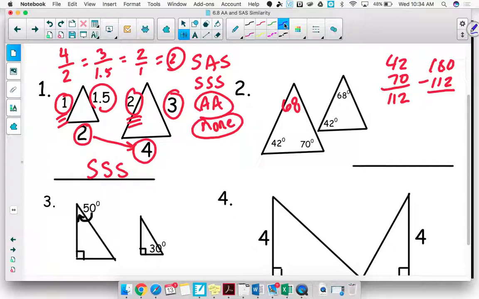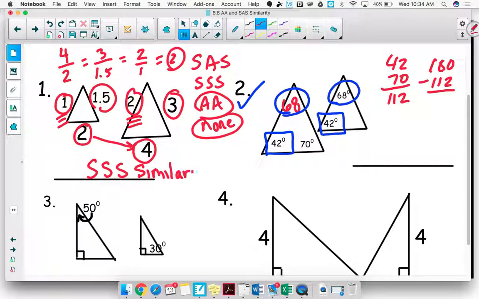Well, if we correspond the angles here and compare those, we have two angles that are 68 degrees, and then we have another set that's 42 degrees. Well, that's angle-angle similarity. So when I write my similarity, I actually should have put similarity, so we don't think it's the congruent ones from last unit. So this would be angle, angle, similarity.